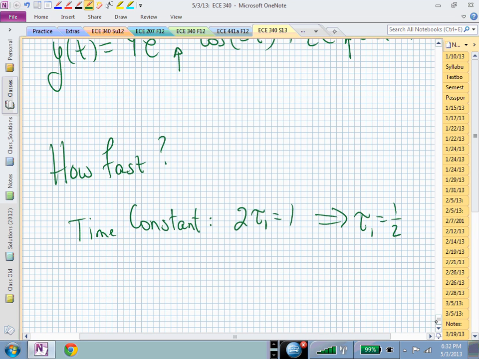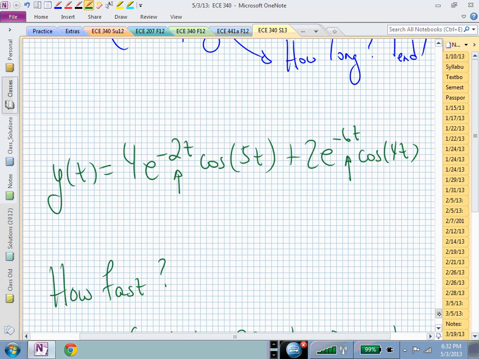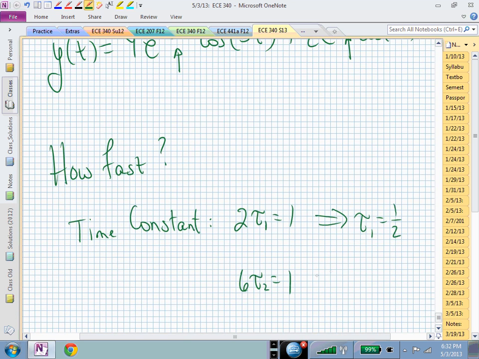And the second one is now 6 tau sub 2 is equal to 1, or tau sub 2 is equal to 1/6.